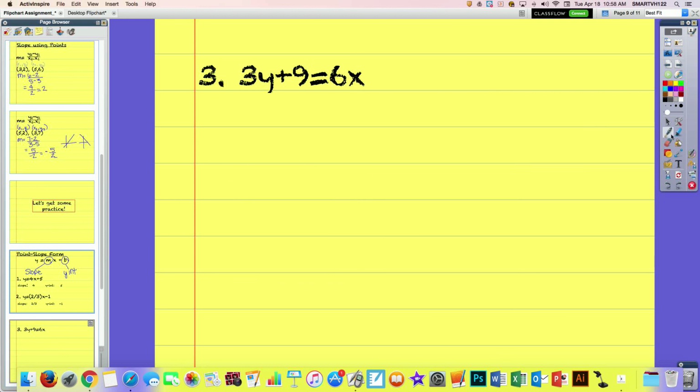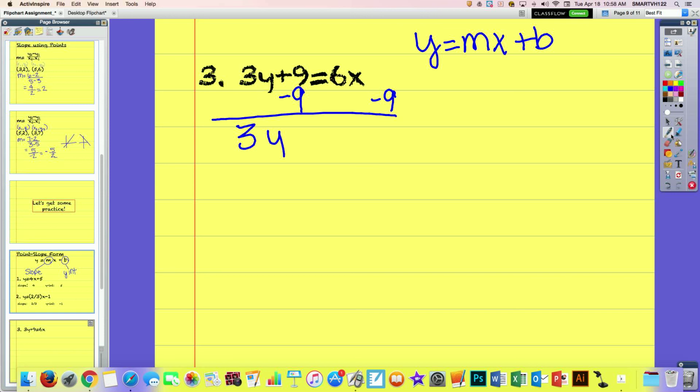Okay, now this one looks a little bit different. It's not in our friendly y equals mx plus b. So we need to try to get y by itself, because right now 3 is with it. So the first thing we need to do is subtract 9 from both sides. So we have 3y equals 6x minus 9. Now the next thing we need to do is to get y by itself.